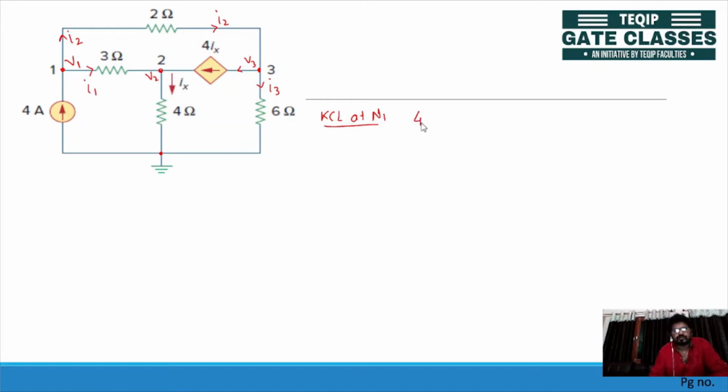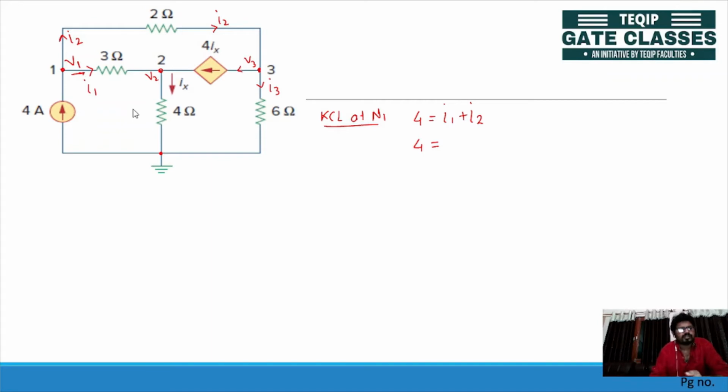So 4 is equal to I1 plus I2. Next step, write the equation in terms of node voltage using Ohm's law. 4 is equal to I1, the current in this branch here.